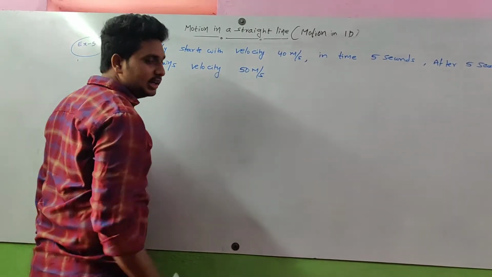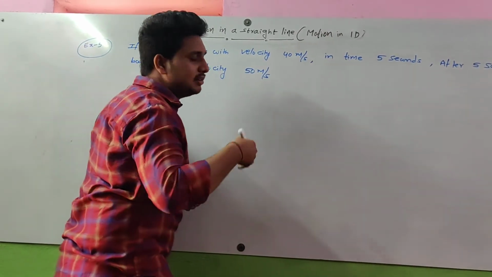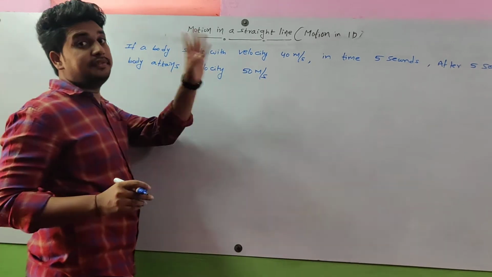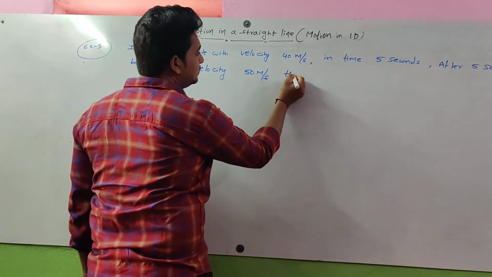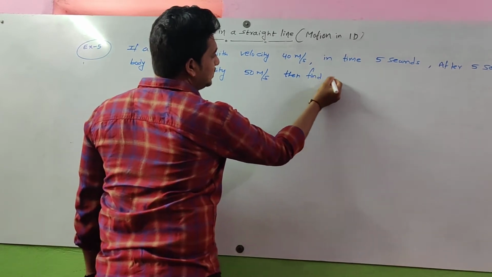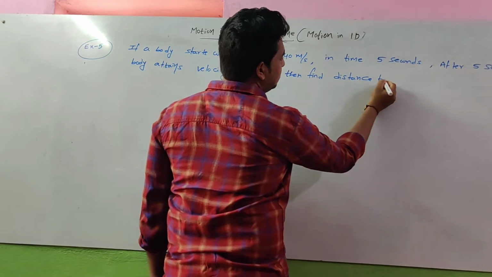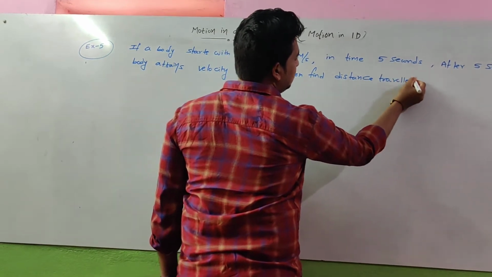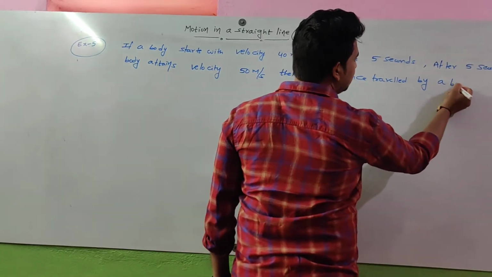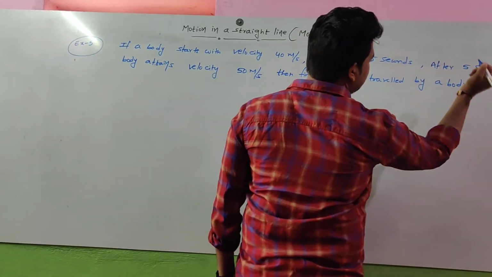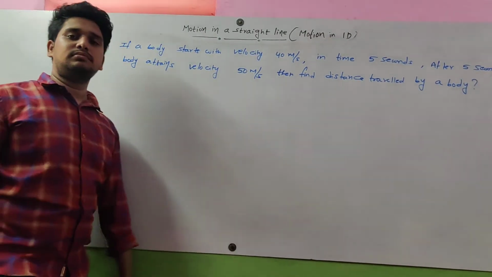Initial velocity is 40 meter per second. After 5 seconds it travels on the road and attains velocity 50 meter per second. Then find the distance traveled by the body.